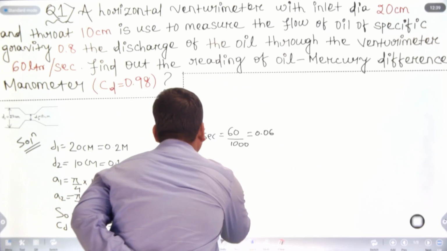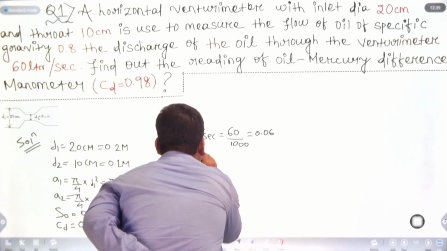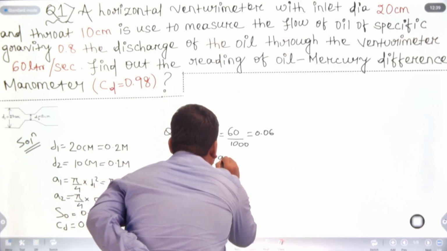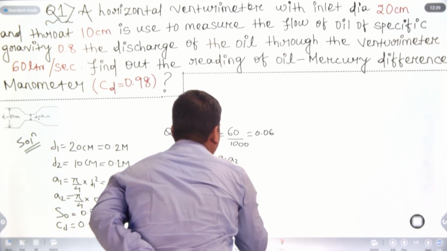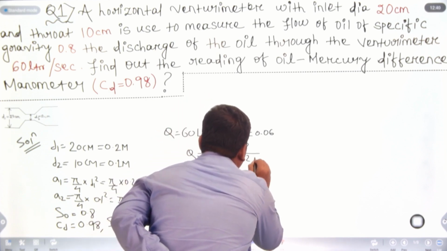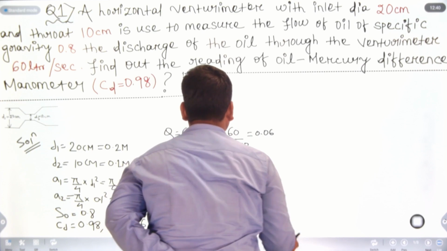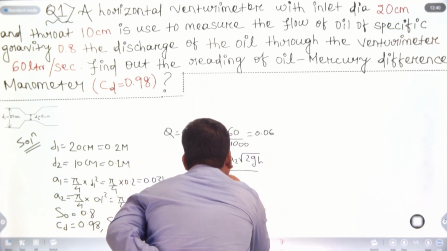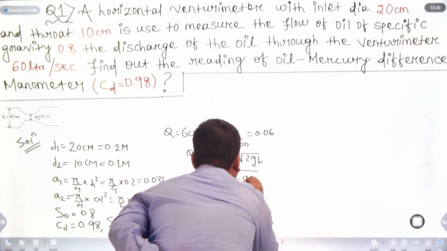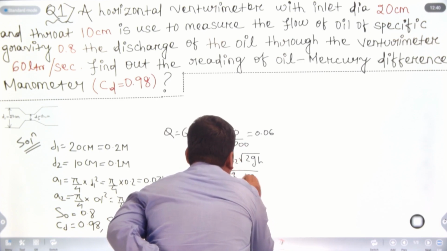Now we know that Q equals Cd A1 A2 root over 2gh divided by root over A1 square minus A2 square.